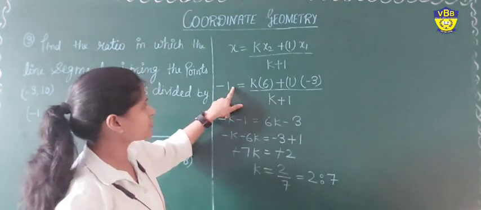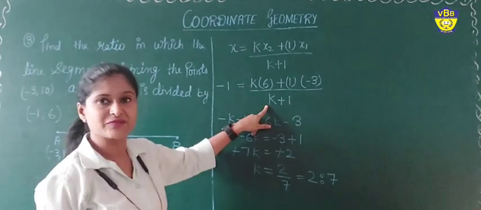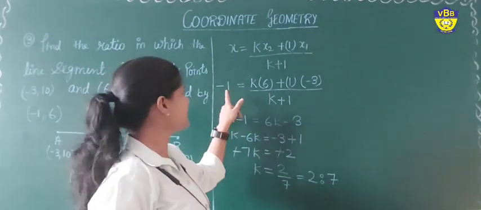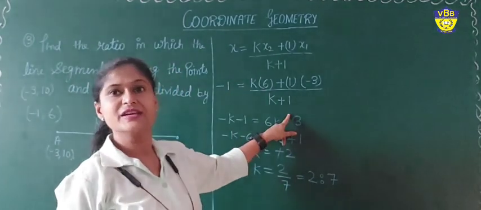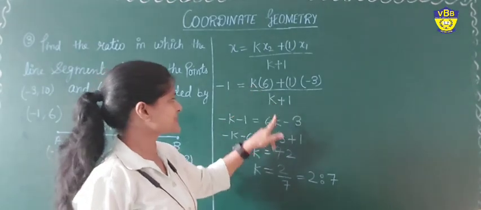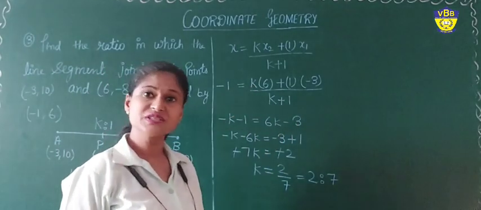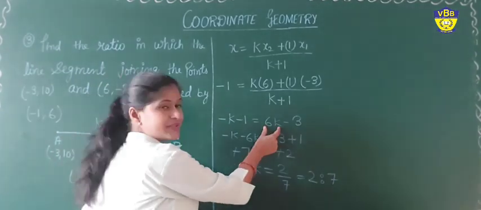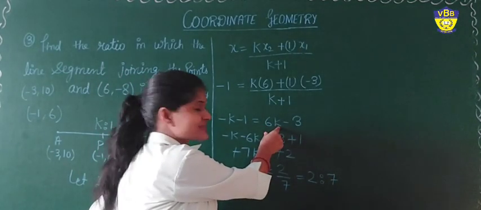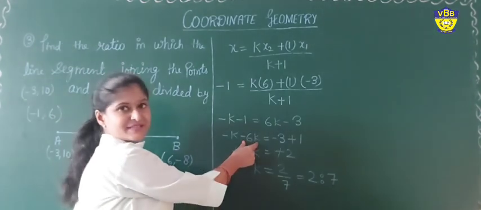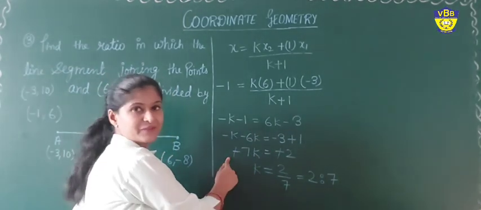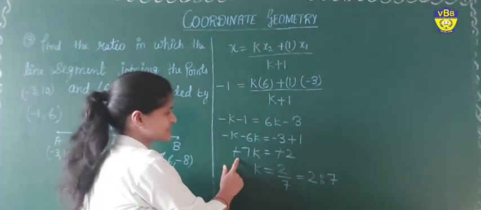Now when we do cross multiplication, minus 1 multiplied by k is minus k, and minus 1 into 1 is minus 1. On the other side, 6k minus 3. The k variable should be on the left hand side, so when we transpose 6k, it becomes minus 6k. The sign remains minus.